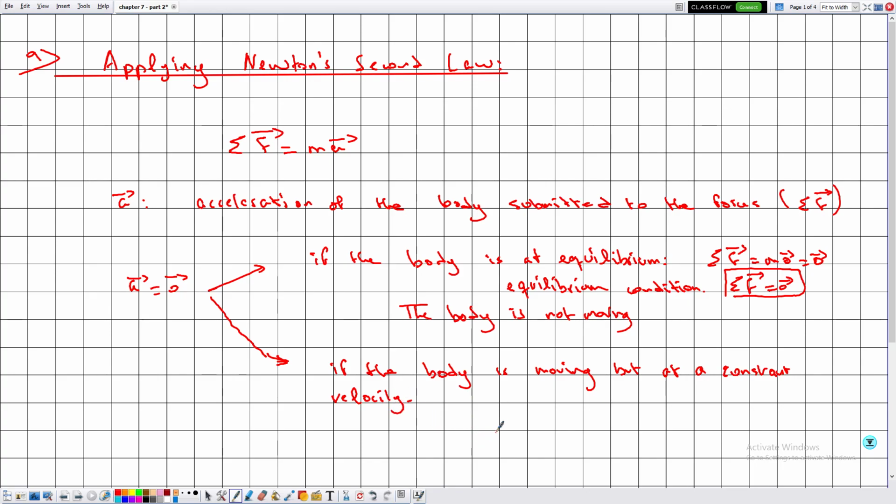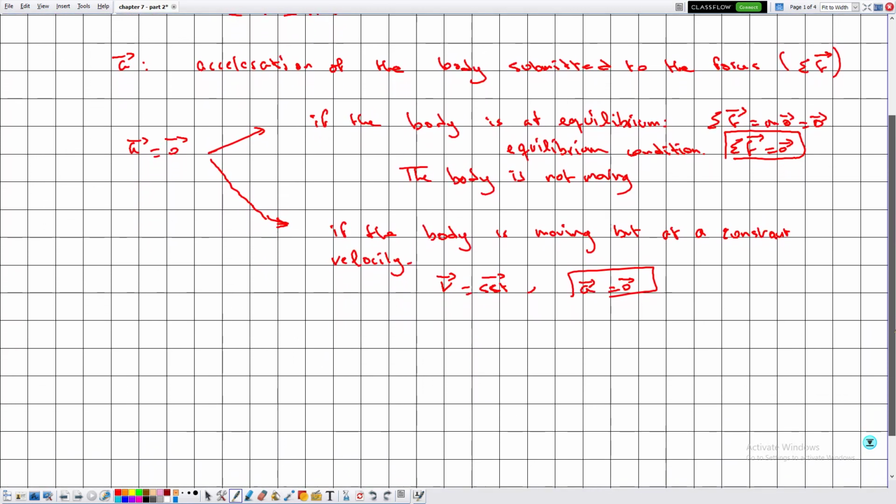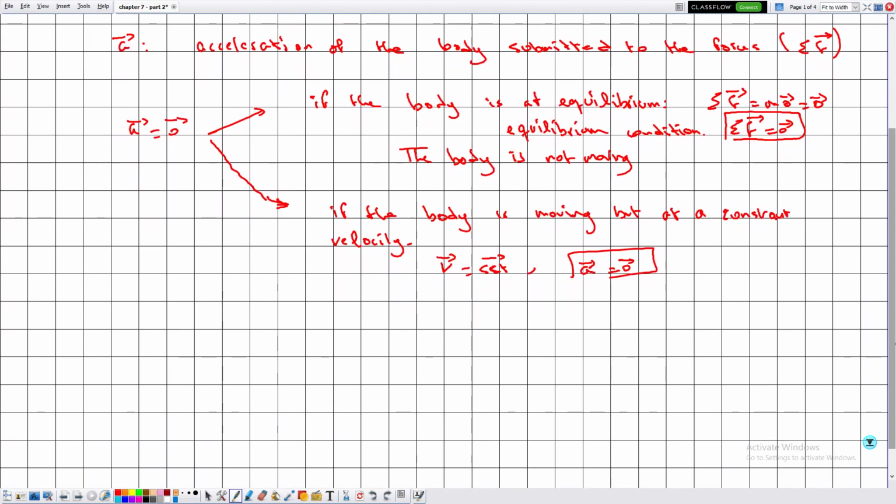So if the body is moving but at a constant velocity, which means that v is equal to a constant, in this case the acceleration is what? 0. So notice that sum of forces equal to 0 may be due to two reasons. Either the body is at equilibrium or the body is moving at a constant velocity.